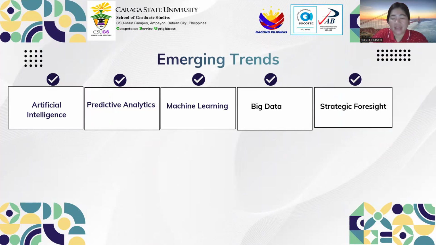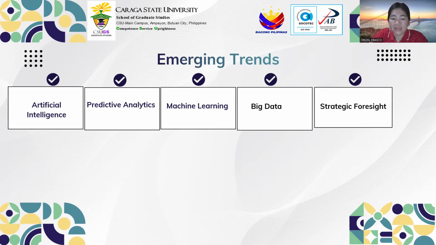Recent advances have transformed forecasting and scenario planning. Artificial intelligence enables predictive analytics capable of processing large data sets, while machine learning improves forecasting accuracy by identifying complex patterns.